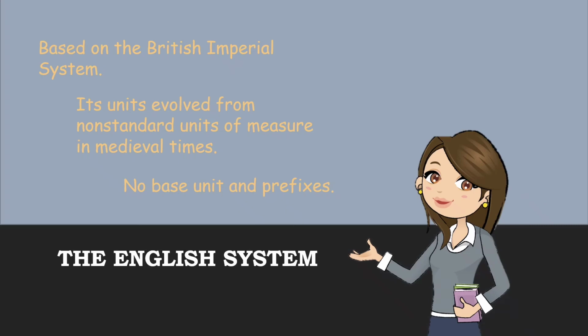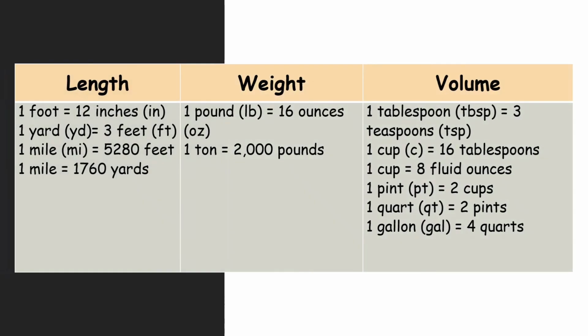So in English system, it also has the length, weight, and capacity. Okay, so in this table, you will see the length, the weight, and the volume. And these are the following that is being used in English system. So in length, you will encounter the inch. So usually, yung mga ginagamit nito ay, or katumbas nito ay ruler, meter stick, or tape measure.